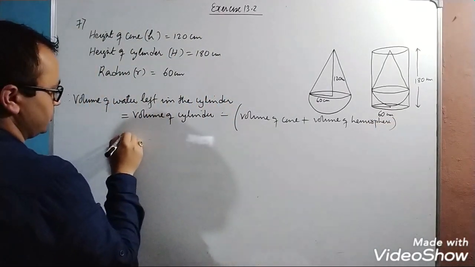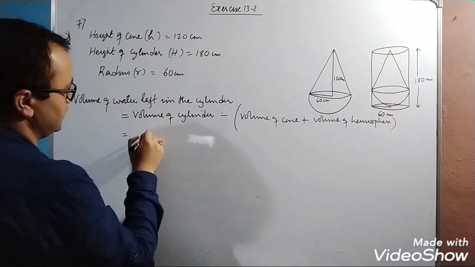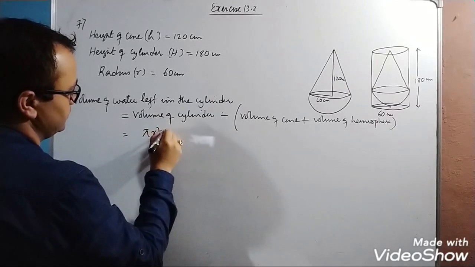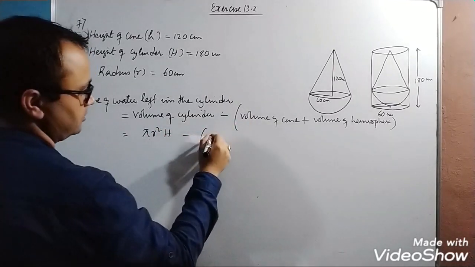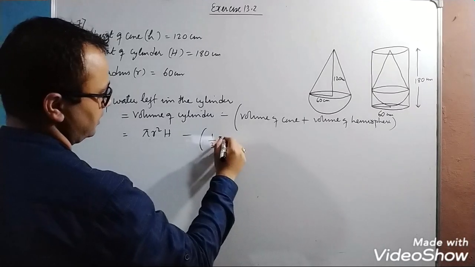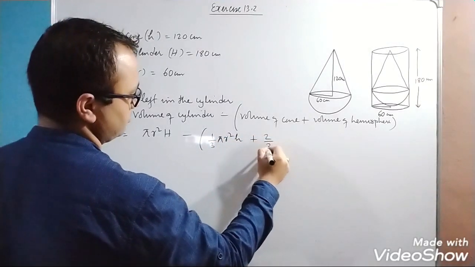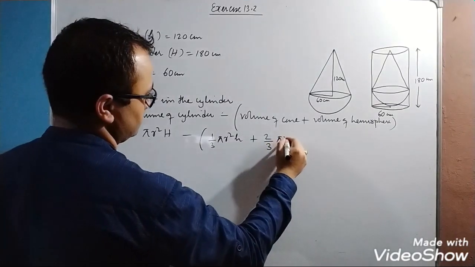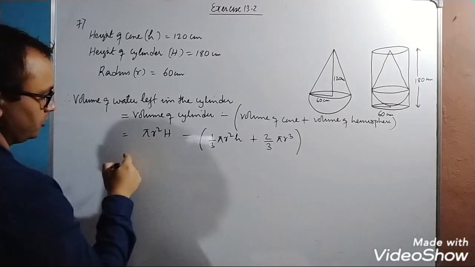Now first we write the formula. Volume of cylinder is pi r square h, minus, volume of cone is 1/3 pi r square small h, plus volume of hemisphere is 2/3 pi r cube. Now put the values.